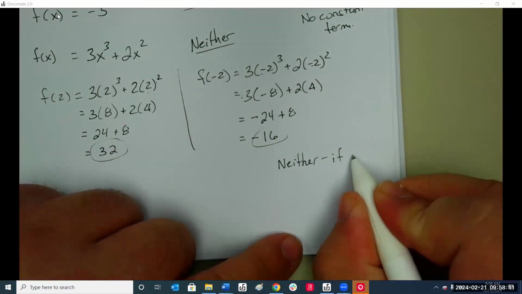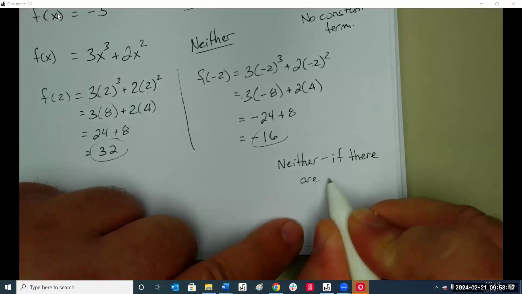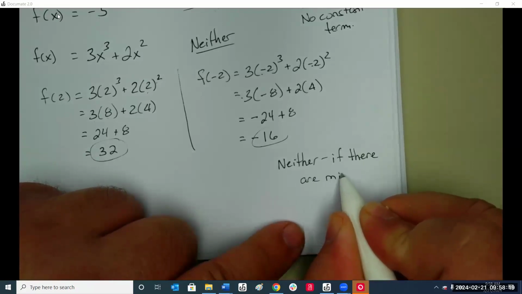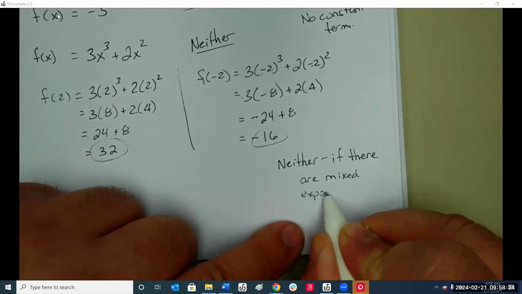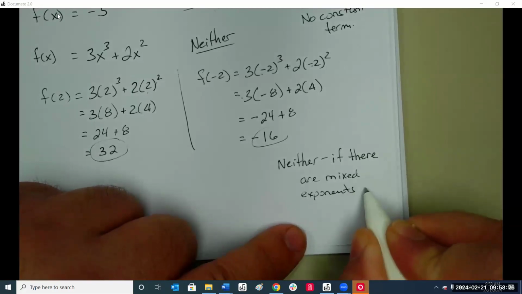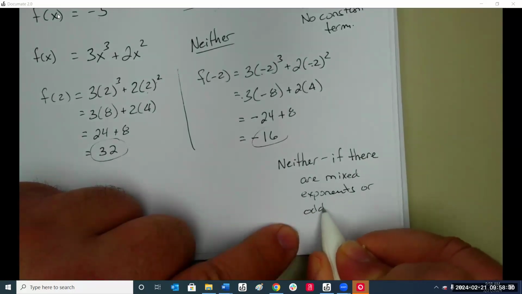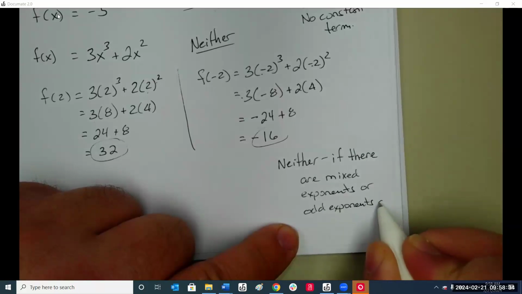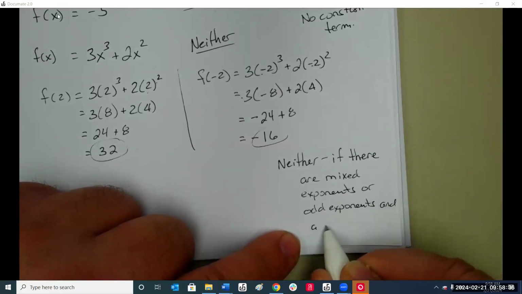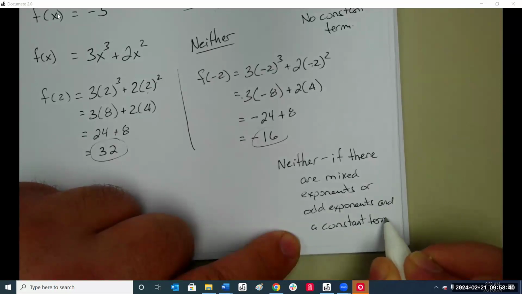They're neither if there are mixed exponents, or odd exponents and a constant term.